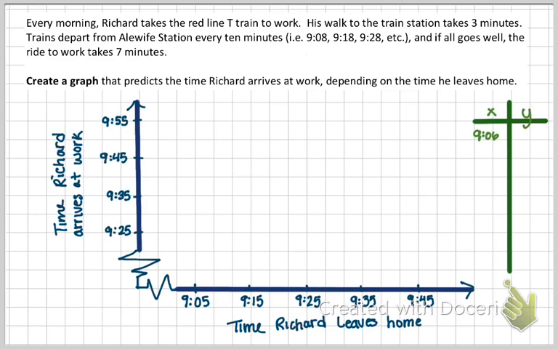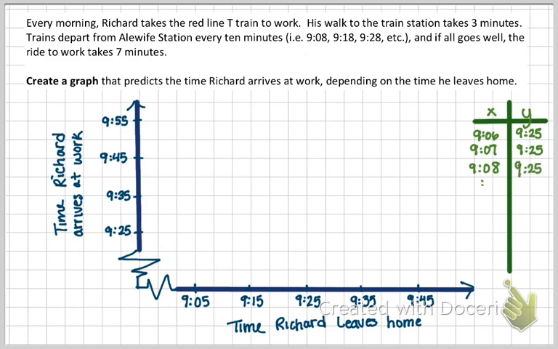So now he'll get to work at 9:25. If he leaves at 9:07, again, he'll have to take the 9:18 train, and he'll get to work at 9:25. If he leaves at 9:08, he'll still have to take the 9:18 train and get to work at 9:25.